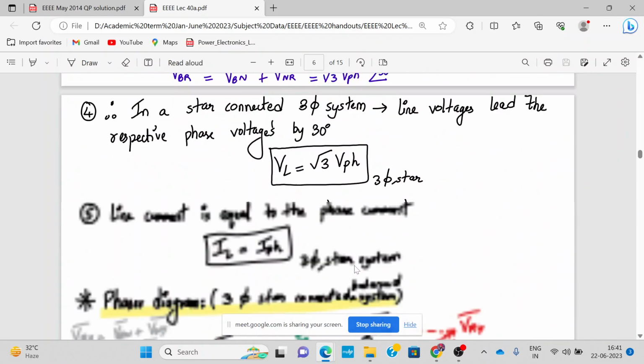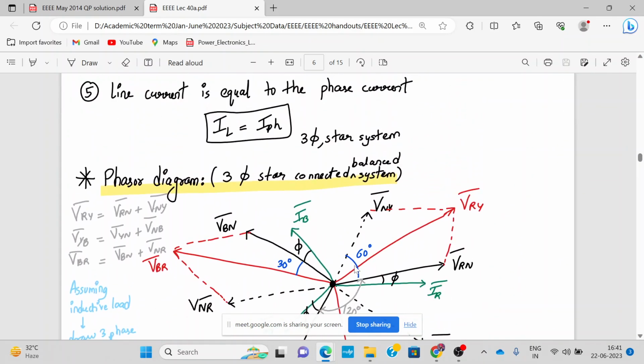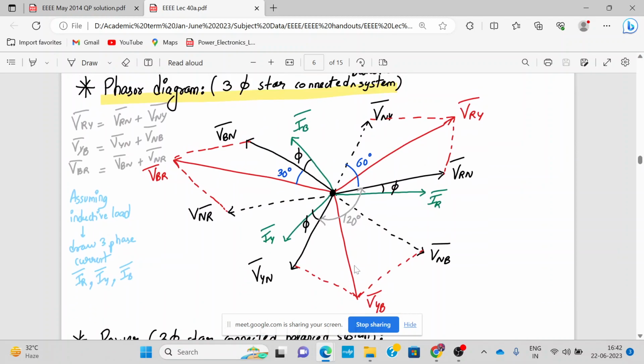Then the star-connected system. Yeah, this is the phasor diagram. So this is what you want me to draw, and explain how it has been drawn, am I correct? Okay, alright, this can be done.